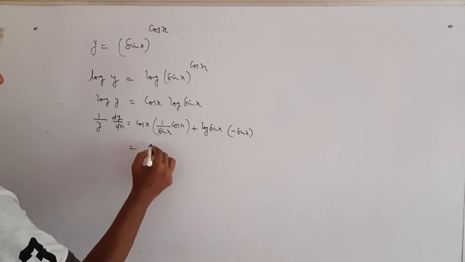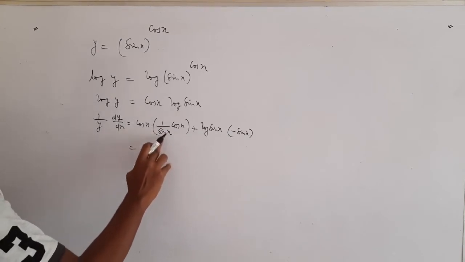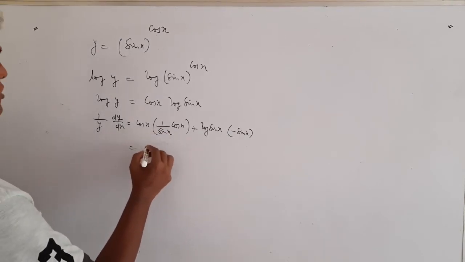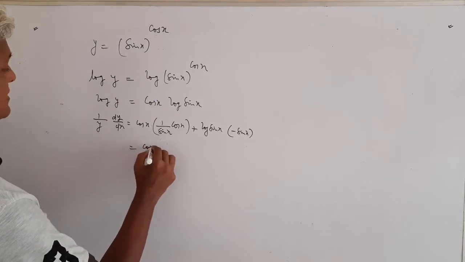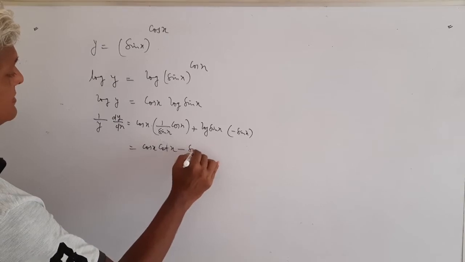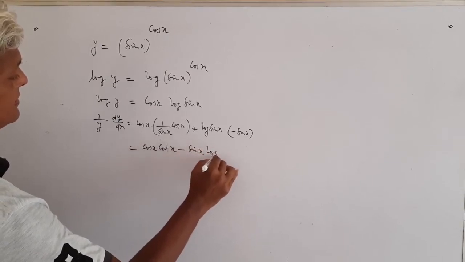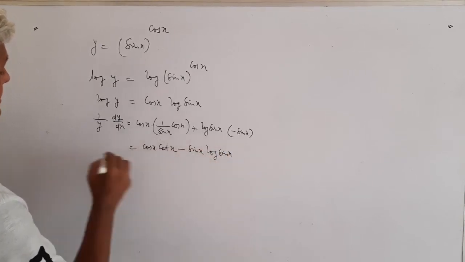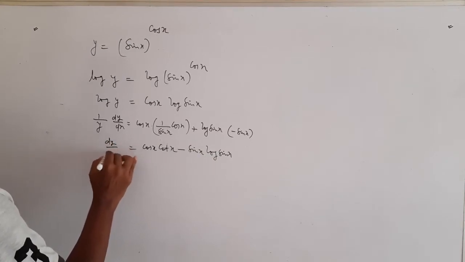So this is cos x over sin x, which is called cot x. So this is cos x cot x minus sin x log sin x, and dy by dx.